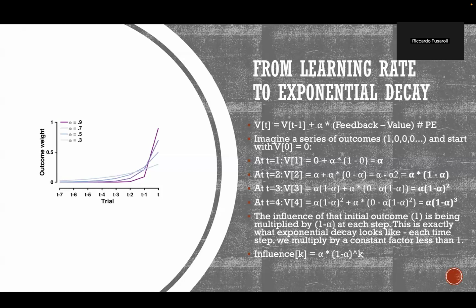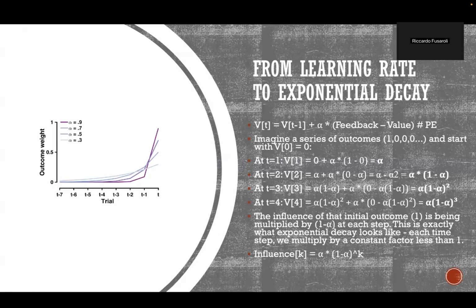Here we're multiplying it by something that's a bit lower than 100%. If the learning rate is 0.9, it's by 90%. So it decreases. And then we multiply that by 0.9 again, so it decreases even more. And that's where we get these exponential effects from that formula.